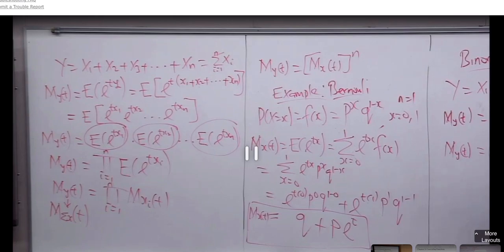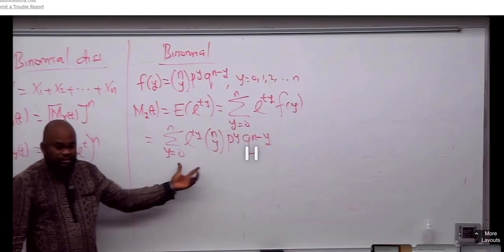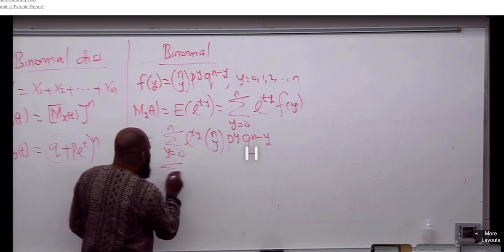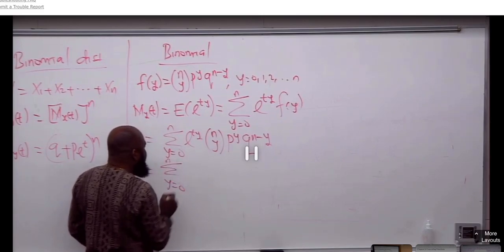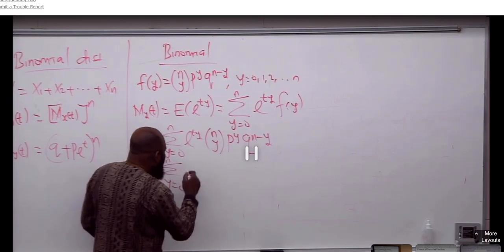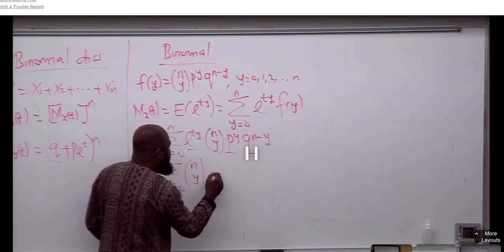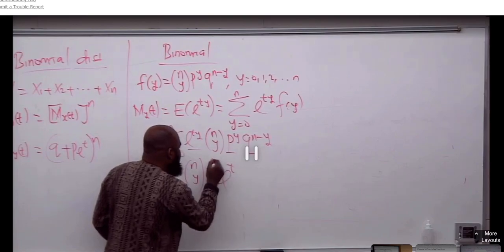Now, this is going to be the summation with y from 0 to n. Take a look at n combination y; you can combine them, so this is going to be this, all raised to power y.